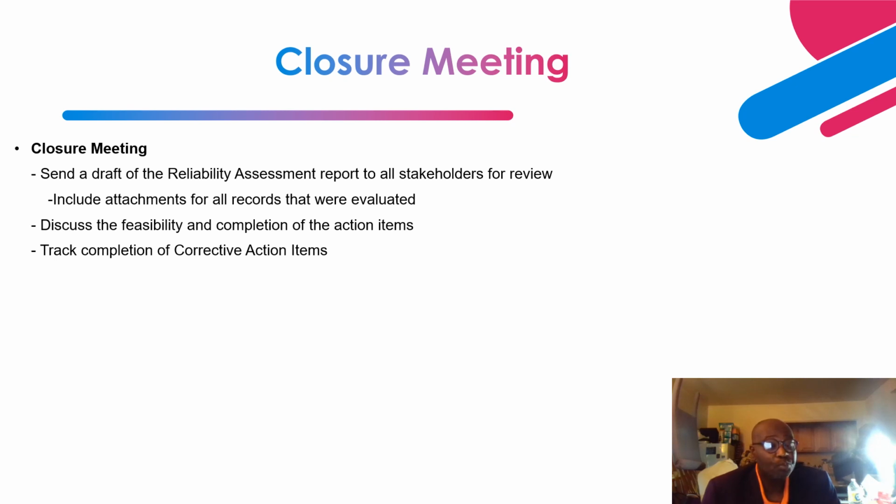Next is implementing a tracking system for the corrective actions. You don't just assign corrective actions to individuals and leave it like that. You need to track it. Some corrective actions can be completed within a very short time, let's say within a month, 3 months, 6 months, a year, depending on the degree of gap and how extensive that gap is.